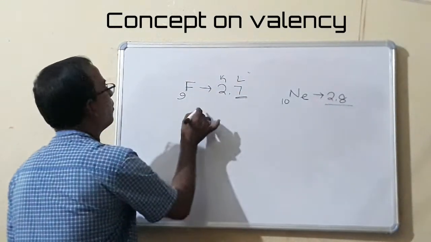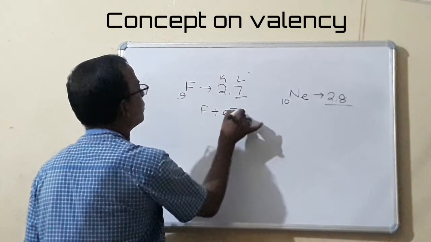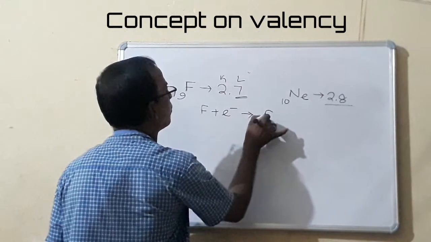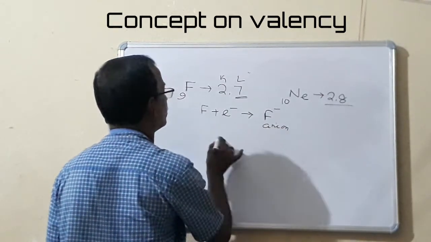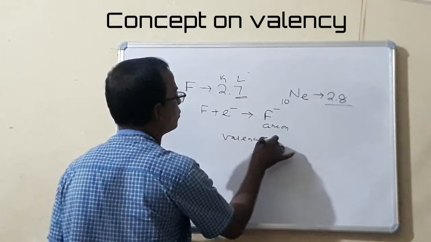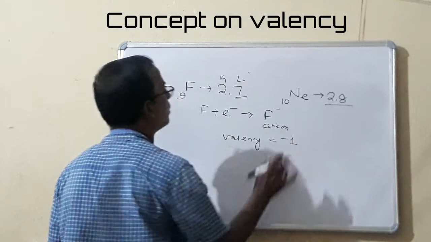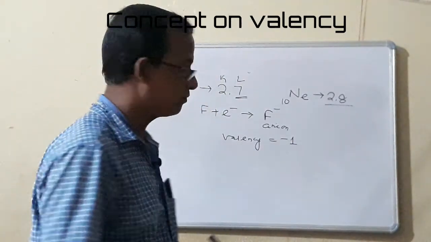So fluorine accepts 1 electron to form fluoride ion, which is an anion, so its valency is equal to -1. Fluorine valence is -1.